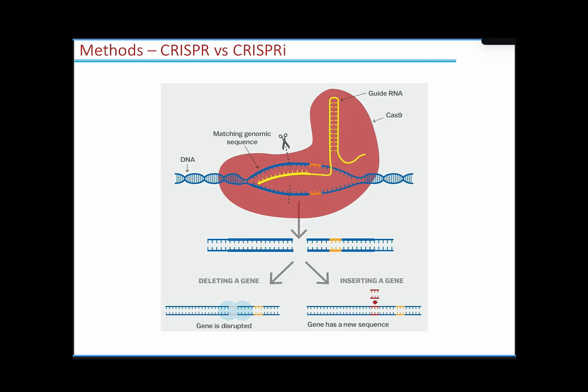So the guide RNA is a single-stranded RNA molecule that is preloaded onto Cas9, and it basically tells it where to go by means of the interaction between the guide RNA and DNA. Basically tells it exactly where to go.